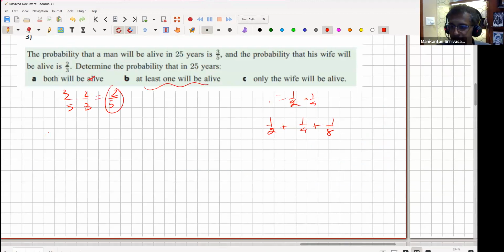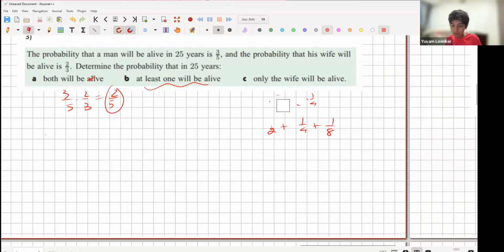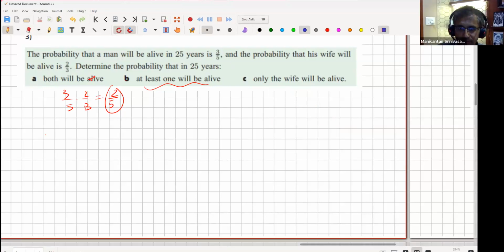At least one will be alive. Okay, Yuvam, what did you get on this one? I think I got 13/15. Okay, all right. Anyone else's answer matches? Did you get 13/15? Yes, I did. Okay.